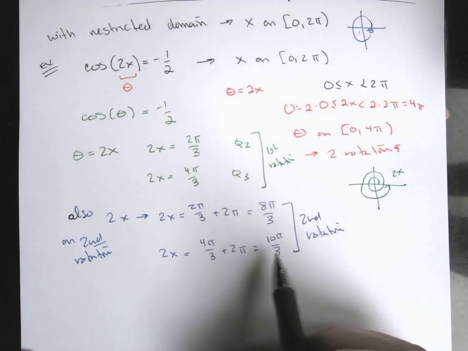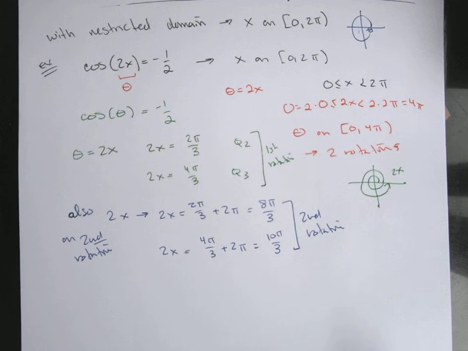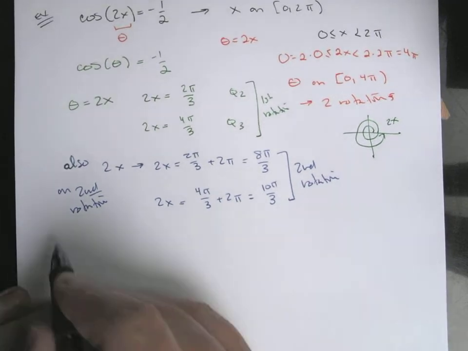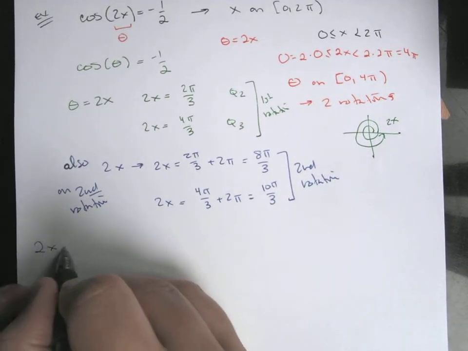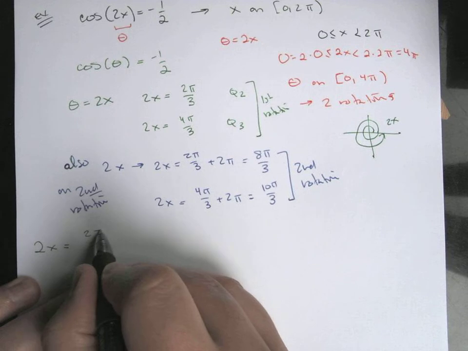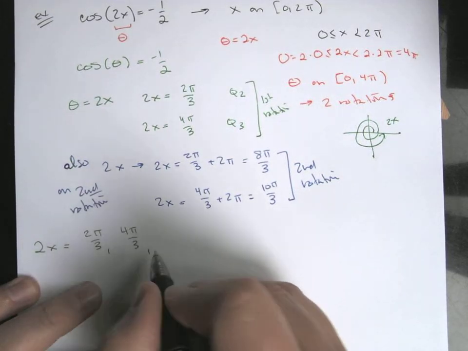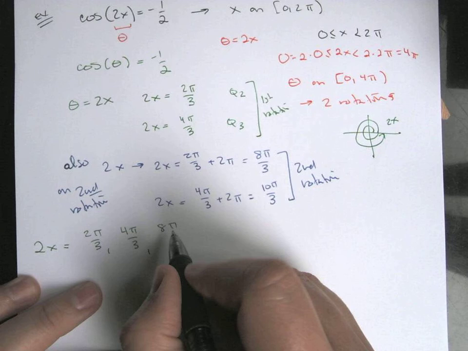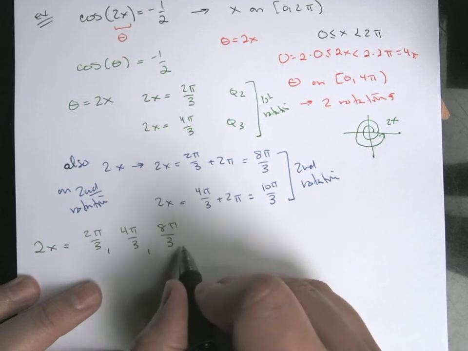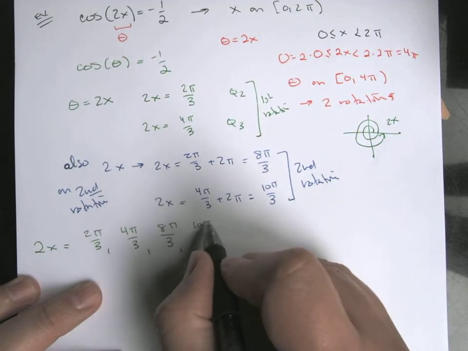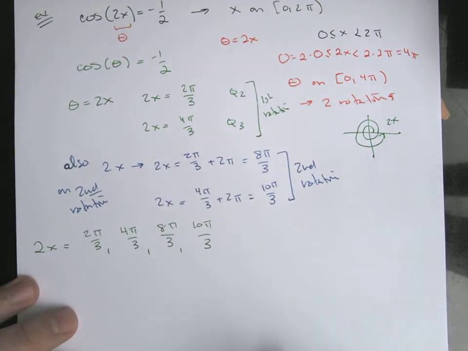I've got this first rotation version and this second rotation version. So if I lay all this out, my solutions here are 2x equals 2 pi over 3, 4 pi over 3, 8 pi over 3, and 10 pi over 3.